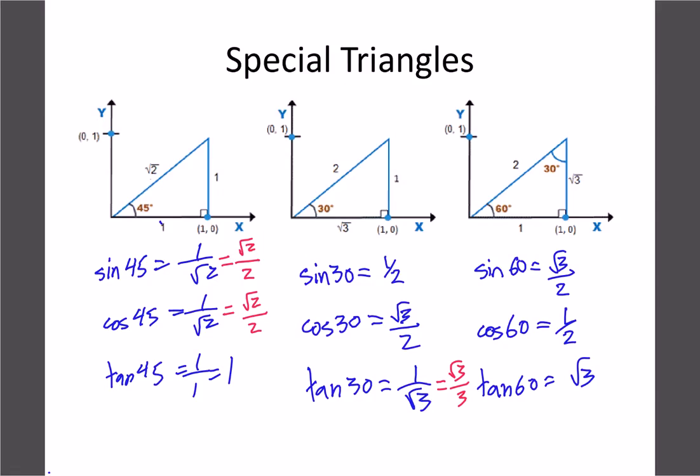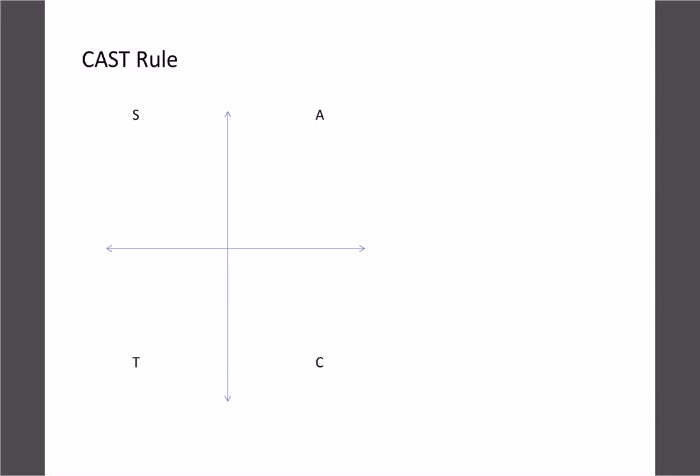So what do these triangles mean? Well, if we have a reference angle of 30, 45, or 60, we know what the sine, cos, and tan are going to be. We don't need to try to calculate them. The only thing that's different is which quadrant is which in terms of whether they're positive or negative. So we use what we call the CAST rule, and what that means is in this quadrant 1, A stands for all things are positive.